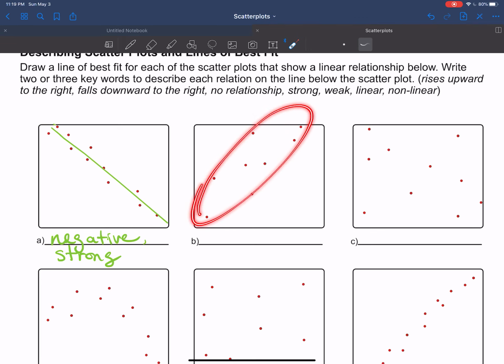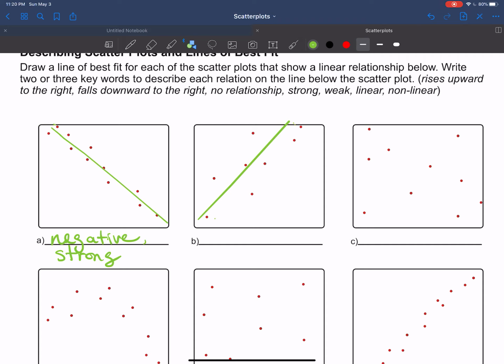So if I were to draw an oval, that oval would be pointing up as we go left to right. So if I drew a line of best fit, again, I'm going to pass through as many points as possible, but I want to have the same number of dots on top and bottom. So here I didn't pass through any points, but I could see that I have 1, 2, 3, 4, 5 on the bottom, 1, 2, 3.